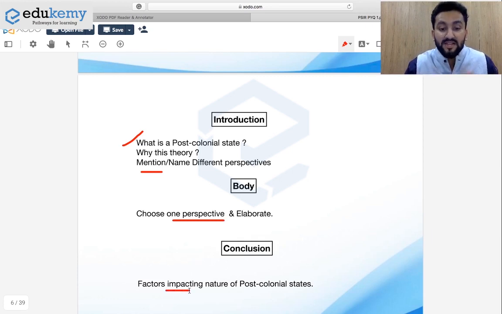So in the end, you should link it with something contemporary. And again, I'm saying, if you're linking something contemporary, it should not be generic, it should be specific. When you have specificity in your expression, it shows your understanding of the political science optional. That is how you gain marks, right?